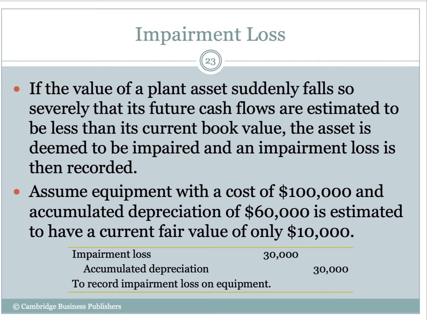We say that the asset is deemed to be impaired, and we can record an impairment loss. As I say that, I realize that's probably as clear as mud, so let me give you an example.